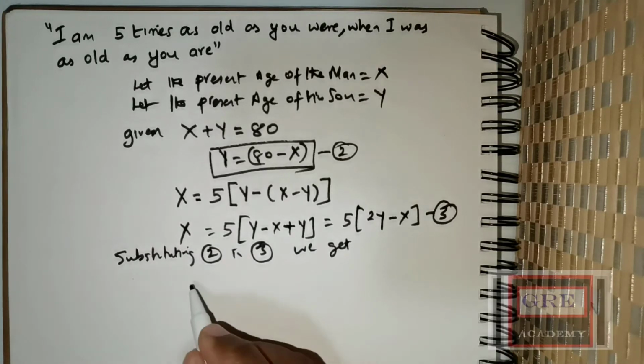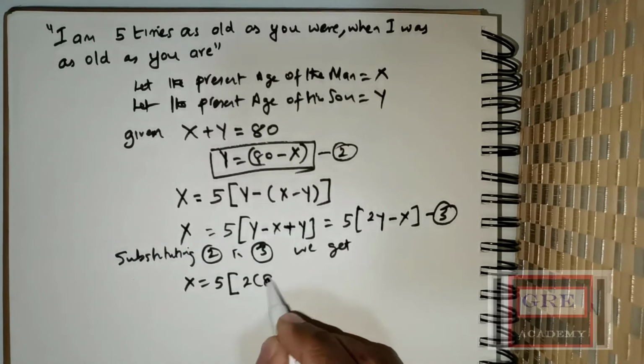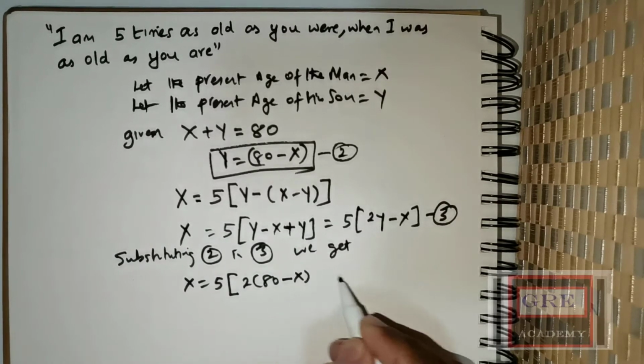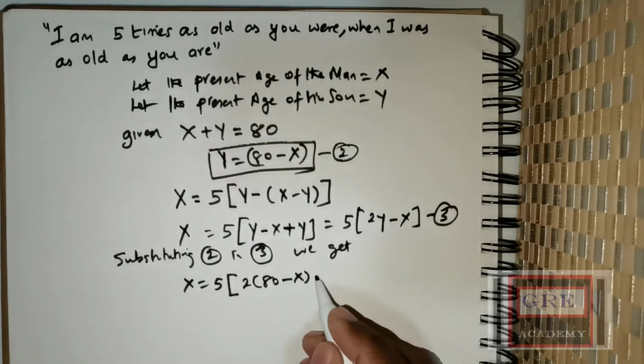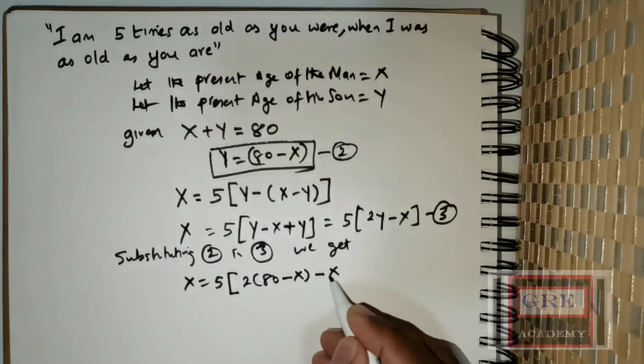So this is going to be x is equal to 5 of 2 times of 80 - x. This is for y, followed by - x.